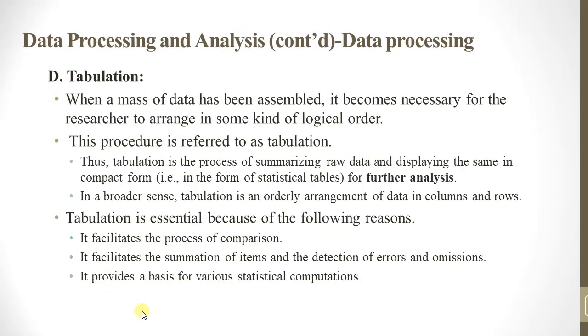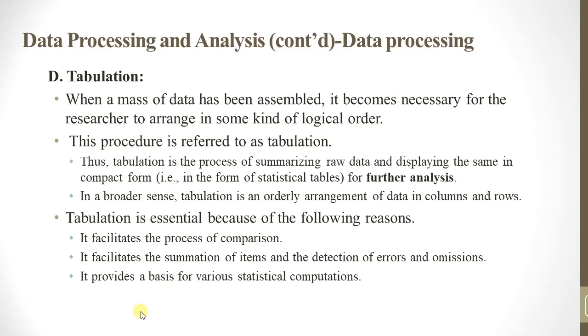Tabulation. When a mass of data has been assembled, it becomes necessary for the researcher to arrange it in some kind of logical order. This procedure is referred to as tabulation.